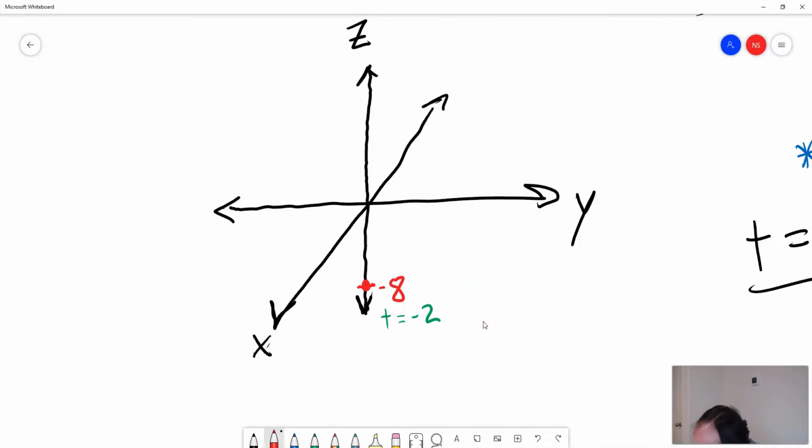So now we can plot this point on the y-axis, but keep in mind that we're only going out to -4. Okay, -8's way out here, but we're not going out to -8.